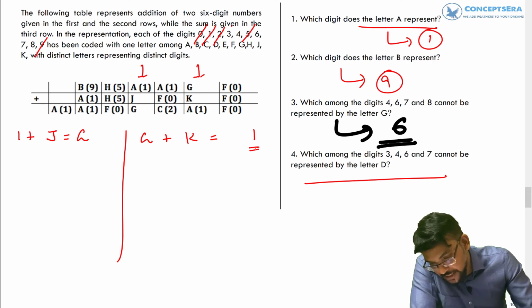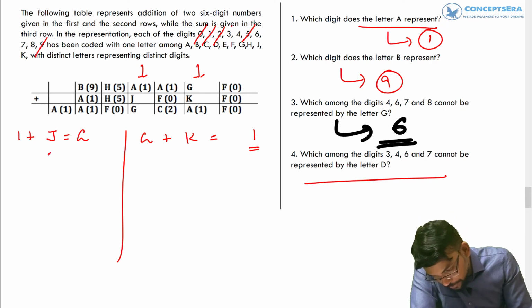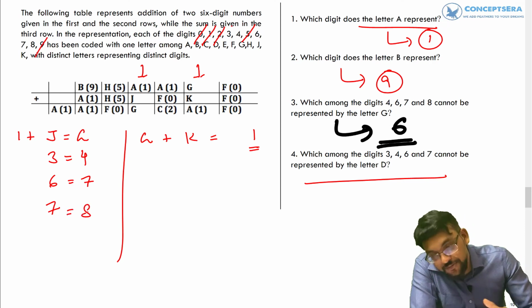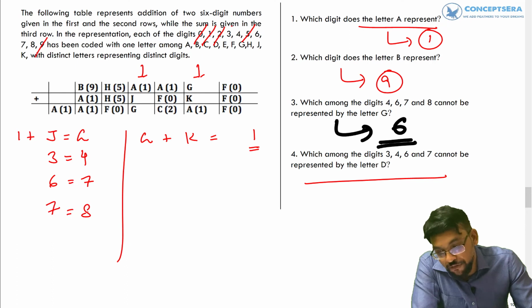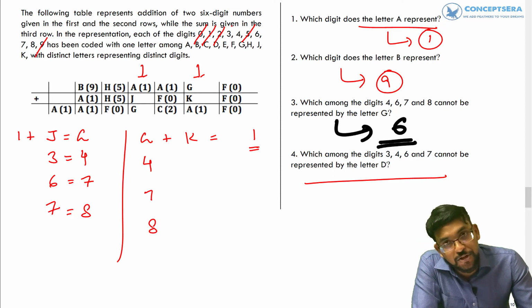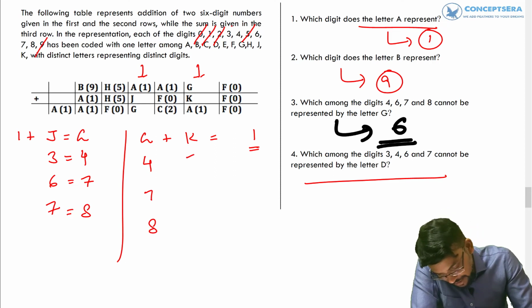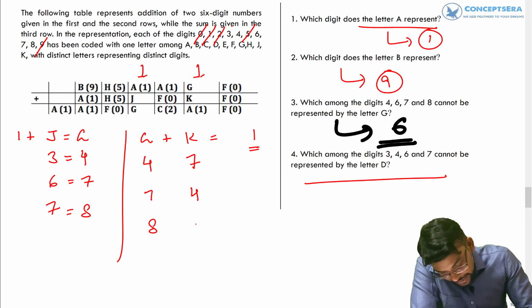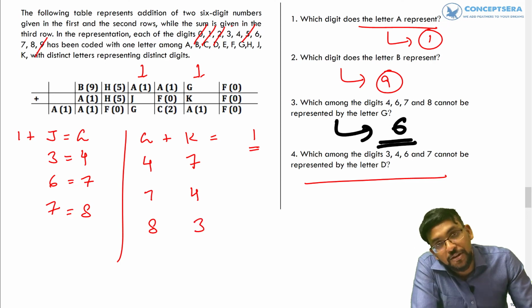So when we have these two cases, as we know, J can only be 3, 6 and 7, and G can only be 4, 7 and 8. Now if we put these values of G here, we can get the values of K. If we put G equal to 4, 7 or 8, ultimately we have to get a summation of 11. So 4 plus 7, we can say the summation is 11 here. 7 plus 4, the summation is 11 here. And similarly 8 plus 3, the summation is 11 here.